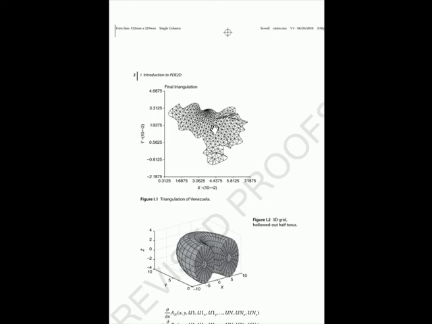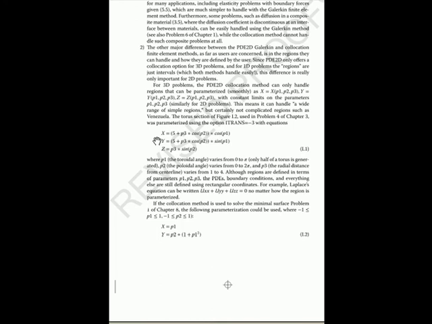The collocation method handles, I say, a wide range of simple regions in 2D or 3D. Basically what that means is that your region has to be possible to put into parameterized form with constant limits on the parameters. For example, this torus here can be handled by the collocation method because you can write x, y, and z for this torus as a function of parameters p1, p2, p3.